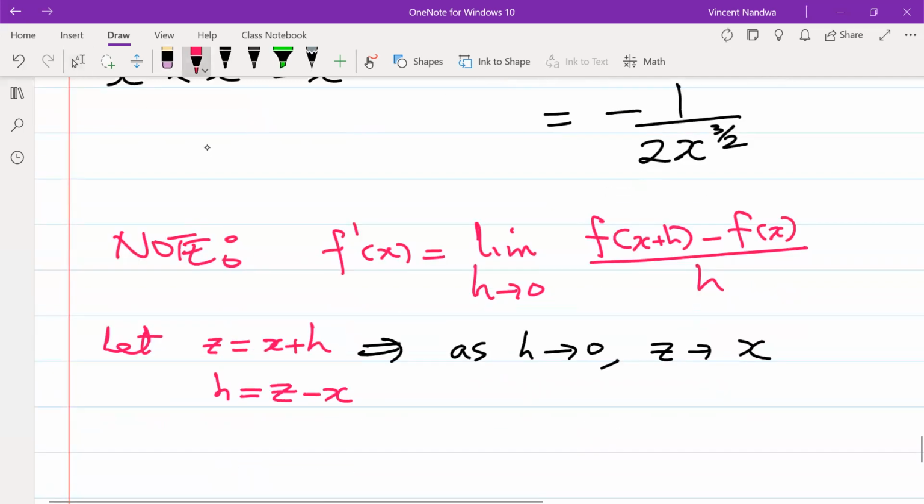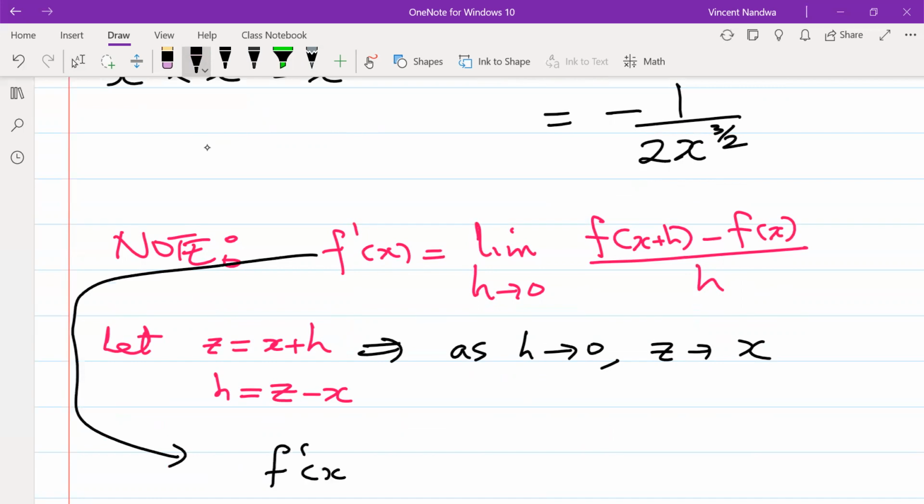So you can rewrite this definition using variable z. So this definition is the same as f prime of x will be limit. So instead of saying h approaching 0, then you say z approaching x. Okay? So this implies this, or is replaced by that.